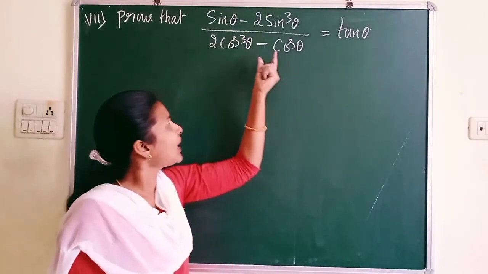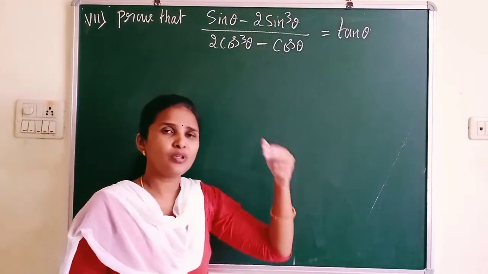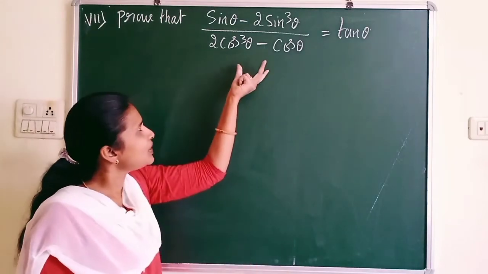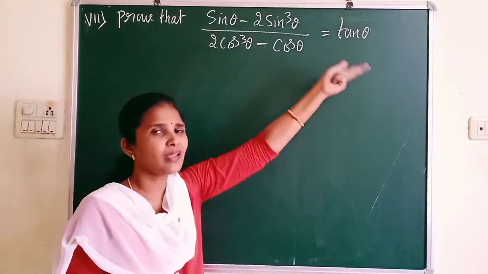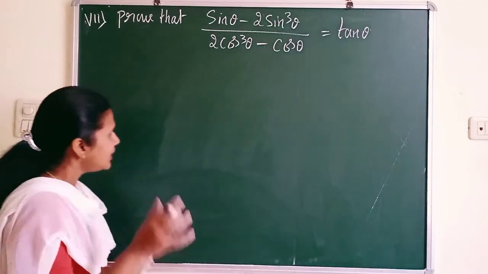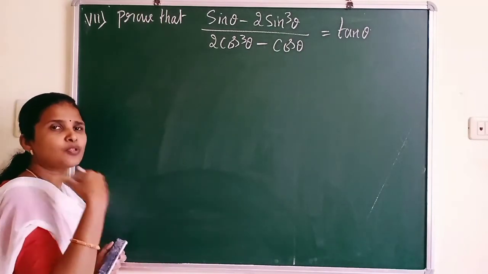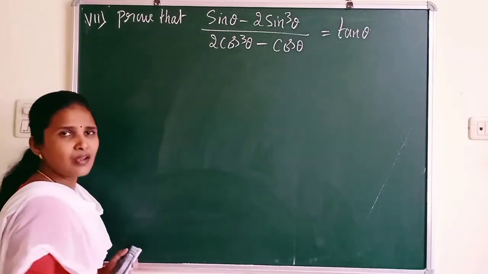There are no tan terms in the LHS, but tan is nothing but sin by cos. So after simplifying this LHS, if you get sin by cos, you got the answer tan. Whatever identity you want to use, at last you should get sin by cos. Then you got the RHS.